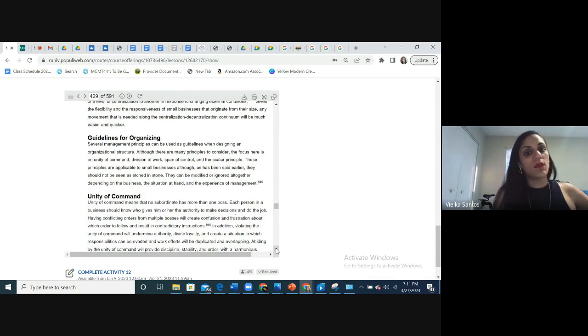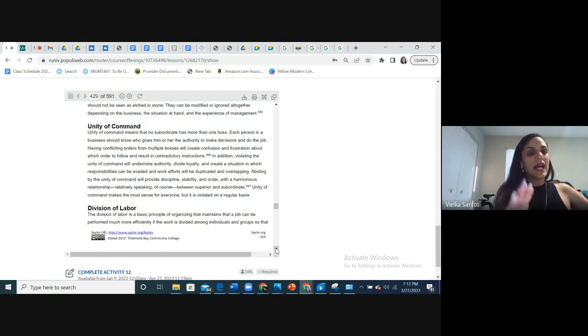Guidelines for organizing. What is that? What we need to know, let's say advice for you as managers, as leaders, to know what to do in your sector. Unity of command. What is that? There is a line that is followed. For example, let's say some of you is the director of a certain place and another is a director, and then you have a student that is an assistant, and this person has two bosses, three bosses.